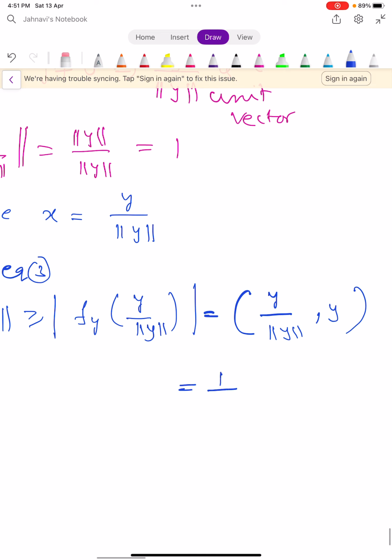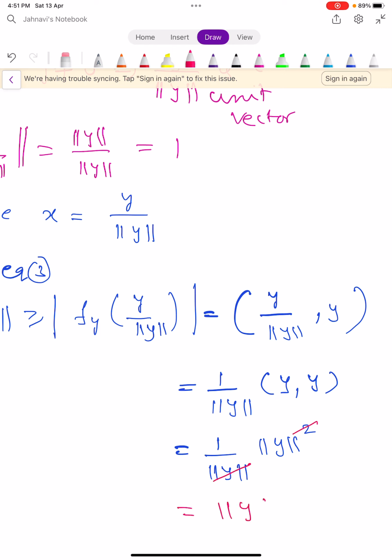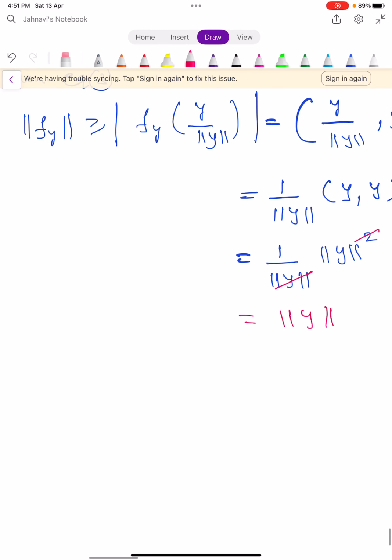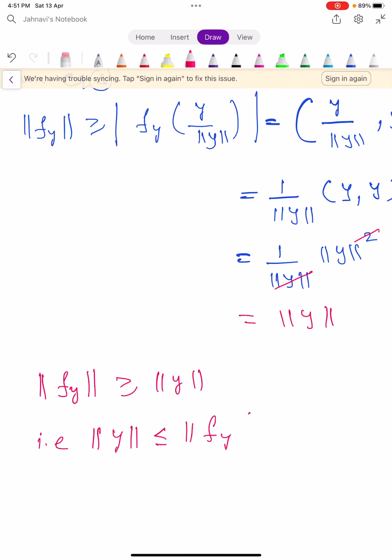Again this can be written as 1 by ||y|| into the inner product of y comma y, which means ||y|| squared. So ||y|| in the denominator and one ||y|| get cancelled, and you get ||y||. What you have now: ||f_y|| is greater than or equal to ||y||. Rewriting, ||y|| is less than or equal to ||f_y||. Let it be equation number 4.